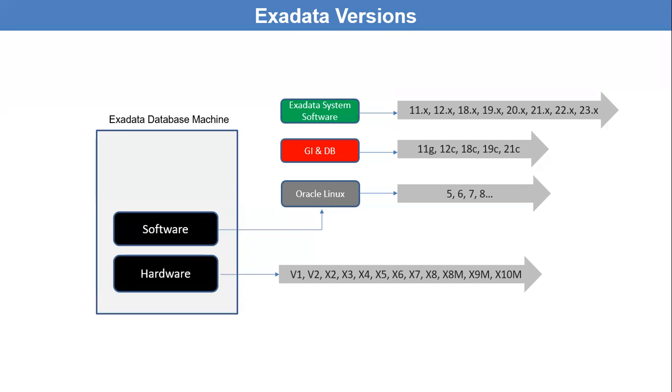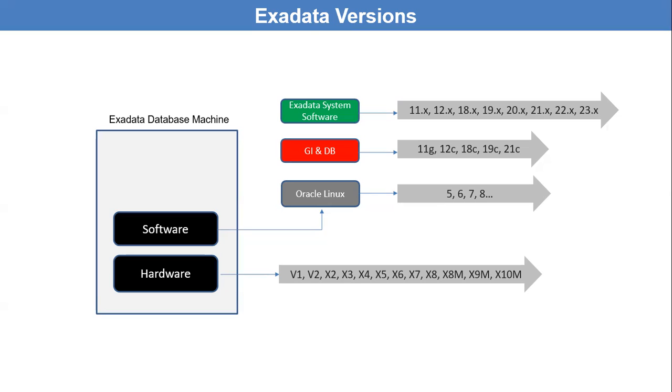If somebody specifically asks which version of Exadata system software you have on Exadata, they might say we are using version 23 of Exadata system software. So you have hardware versions and you have software versions. Oracle generally refers to Exadata versions using the hardware version.